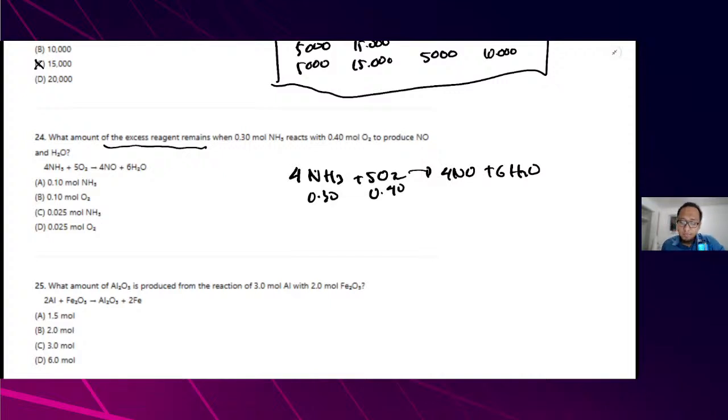The same concept applies over here, but now we have a different kind of amount, so we need to calculate manually. We need to calculate the ratio itself. So which one is smaller?